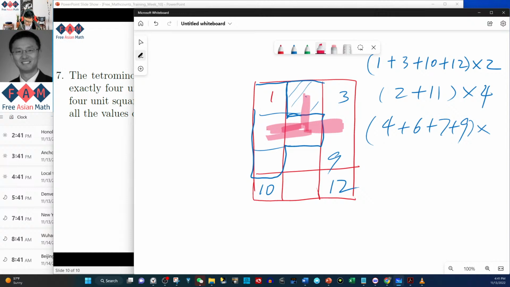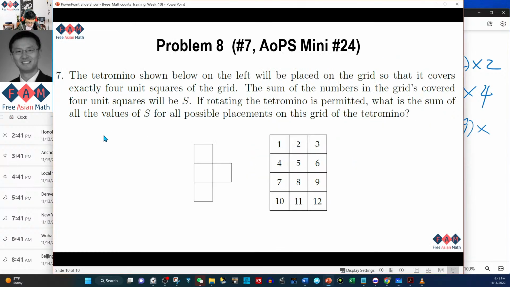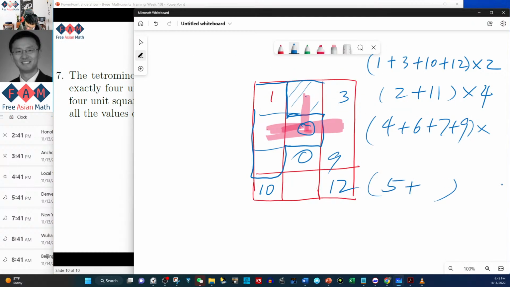The important thing is that you will just follow this same process, right? And finally, this one and this one will be symmetrical. 5 and 8, they're in the same situation. So you just count each of those cases, then add them up. This is really an algorithm. You understand the nature of the problem, how to solve it. That's much more important than, of course, you still need to calculate it correctly as a matter of math competition, right?